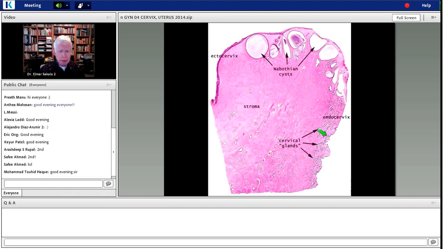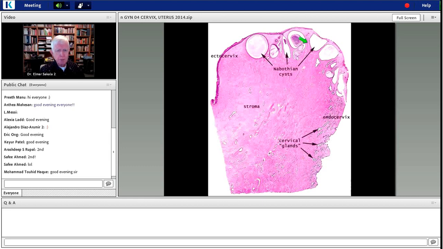Here you can see these are the endocervical glands. This is the columnar epithelium on this side. This is the endocervical canal. Then we have the ectocervix out here. Now, this is stratified squamous epithelium. This is where the old squamocolumnar junction used to be. This is where the new squamocolumnar junction is.